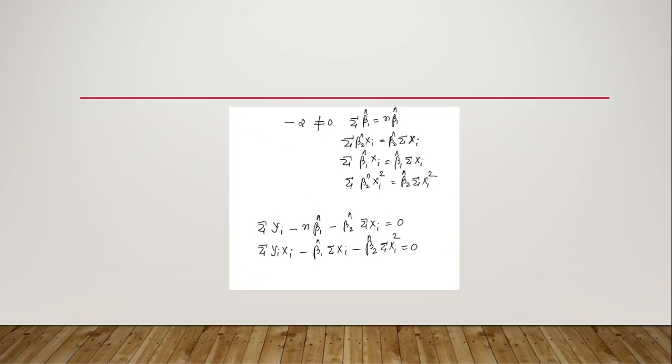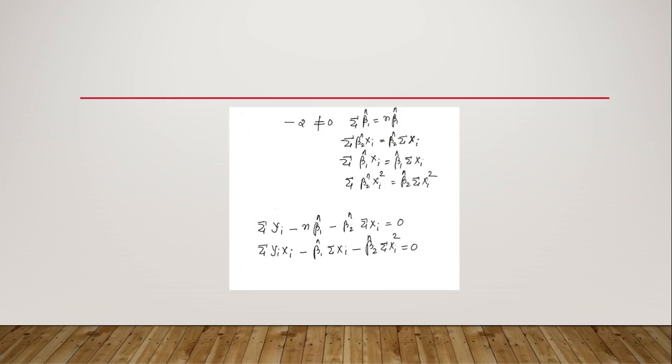So the two equations can be written like this. Sigma yi minus n beta 1 hat, minus beta 2 hat into sigma xi is equal to 0.